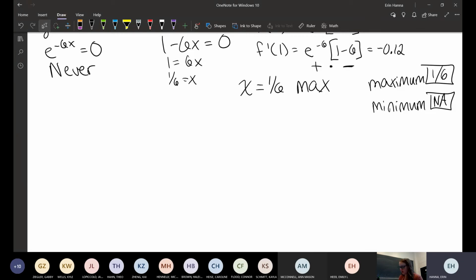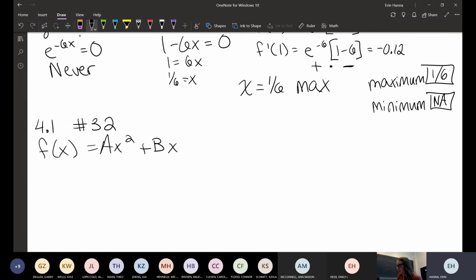So the 32 one, 4.1, number 32, you need to be slightly careful with the notation. I'm going to give a hint and then move on to the next question because the hint should be enough, and we're also out of time. If anyone needs to go, feel free to bye.